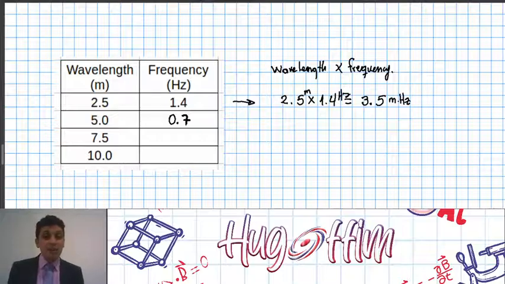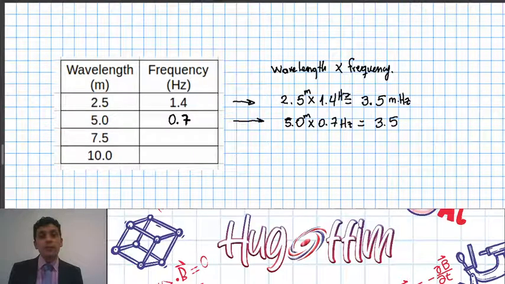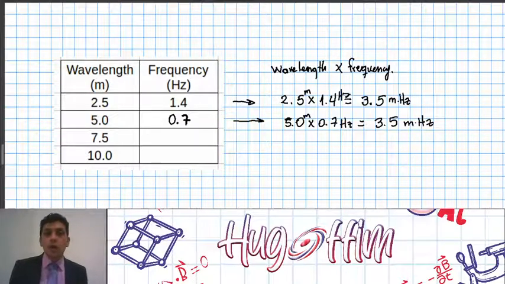And here you multiply 5.0 times 0.7 meters hertz, and you got 3.5 meters hertz. So as you could see, we have something interesting here. That is, if you multiply both magnitudes, you're going to have the same result.